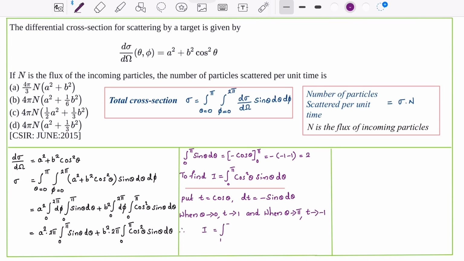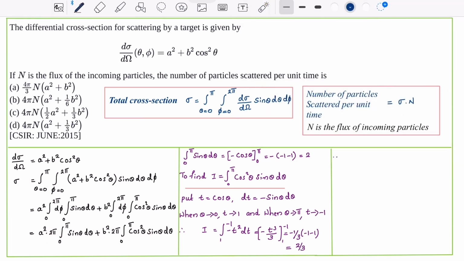Therefore, I is equal to integral 1 to minus 1 t square dt with a negative sign, that is equal to minus t cube by 3 from 1 to minus 1, that is equal to 2 by 3. Therefore, the value of our second integral is 2 by 3.